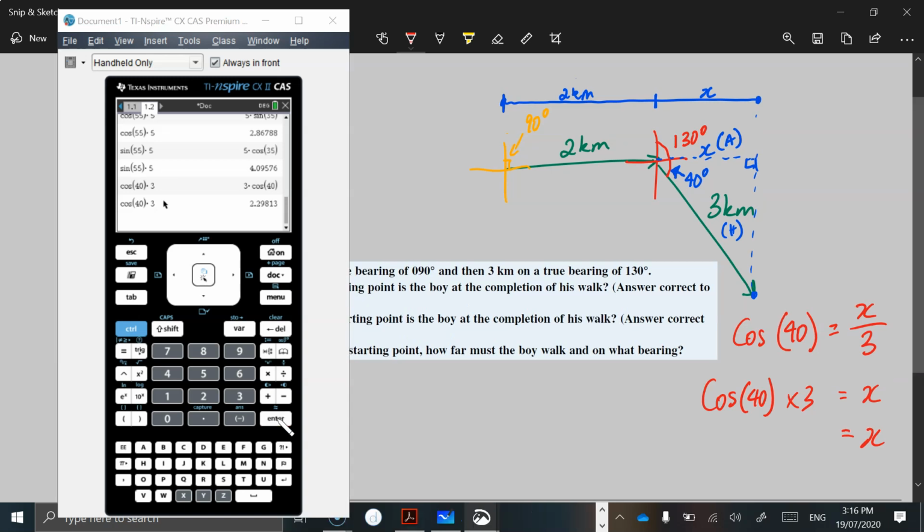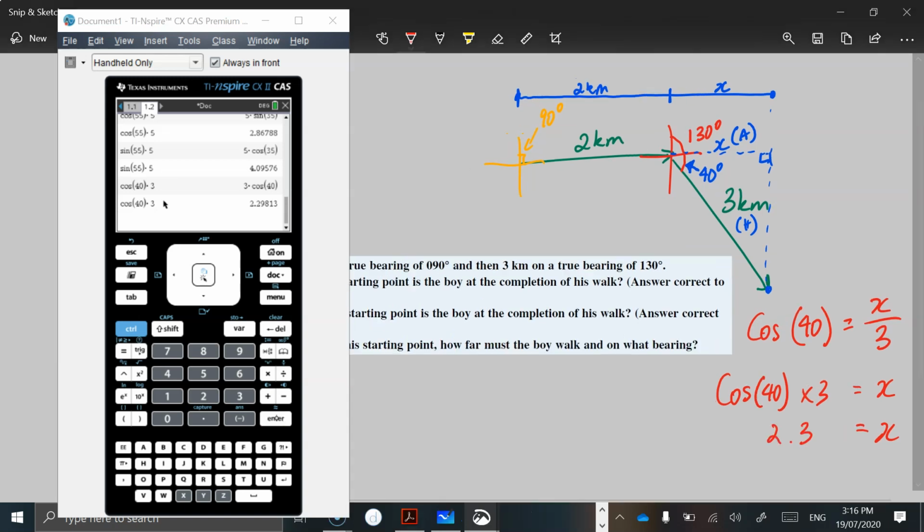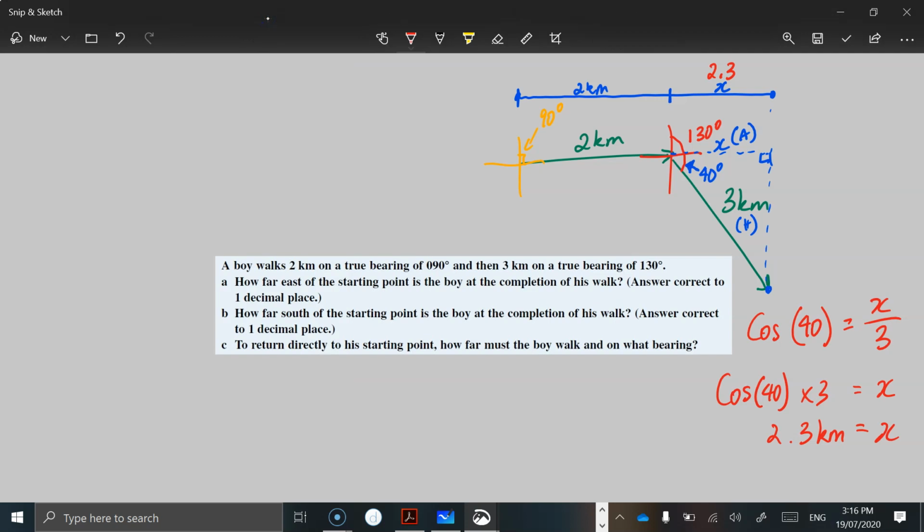Okay, so 2.3 kilometers is going to be that distance. Now, if this is then 2.3, therefore the answer is going to be 2.3 plus the 2 original going across, 4.3 kilometers.